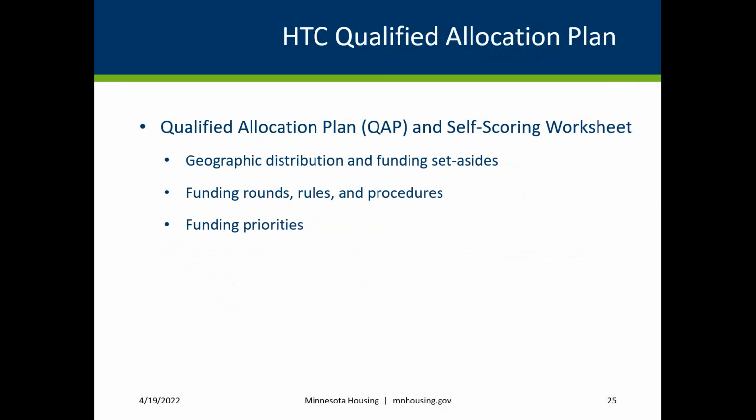Every point claimed by an applicant on the self-scoring worksheet is a commitment that is memorialized in the HTC or the deferred declaration. We'll provide training on the self-scoring worksheet and the scoring wizard in the coming weeks. Be looking for an e-news to register, and the registration links are now on the website on the application resources page that Aaron referred to earlier.